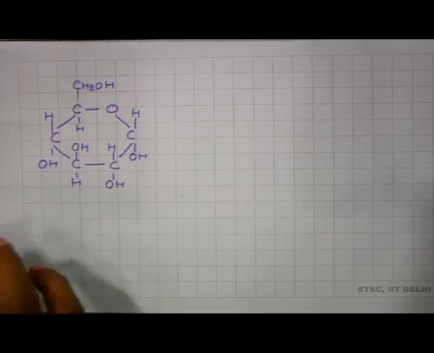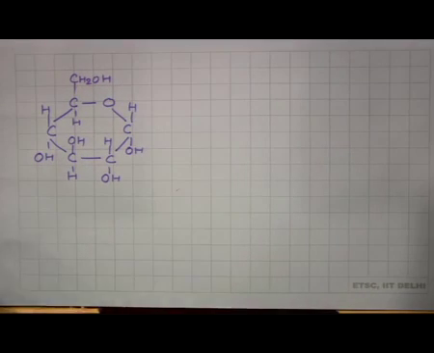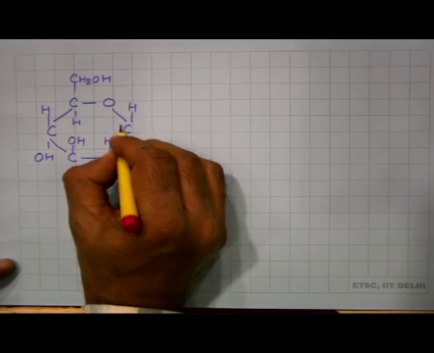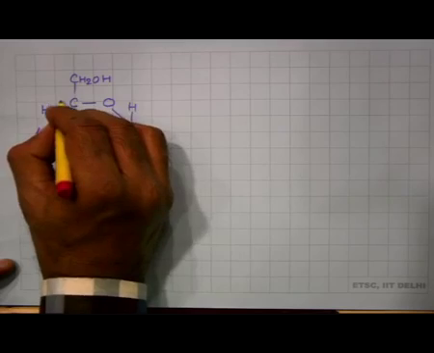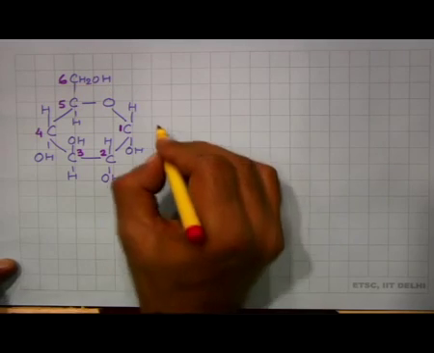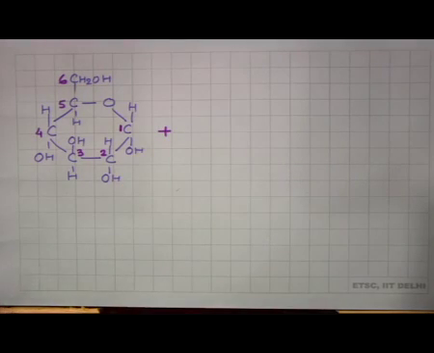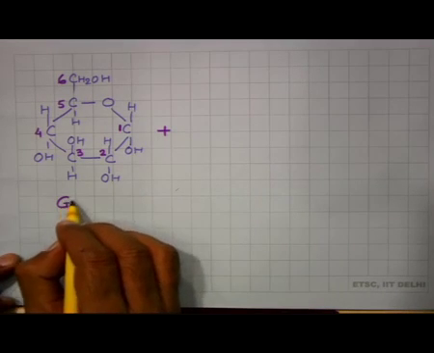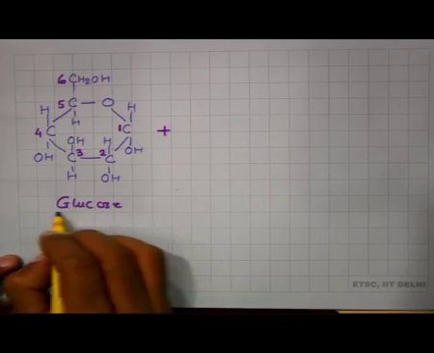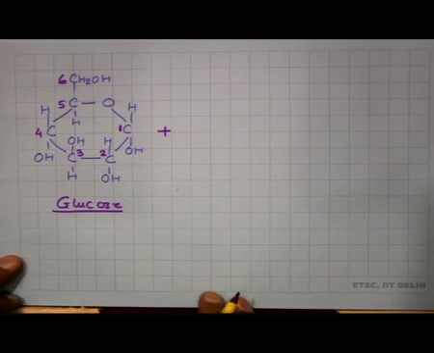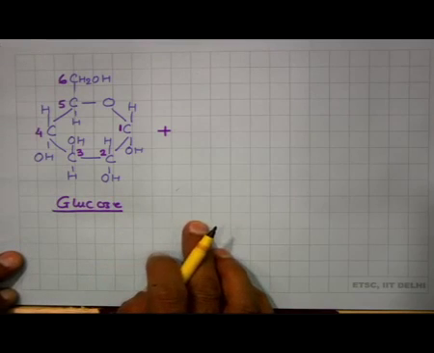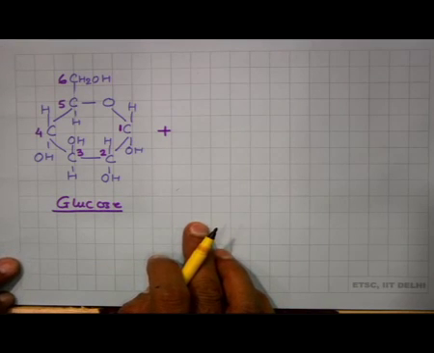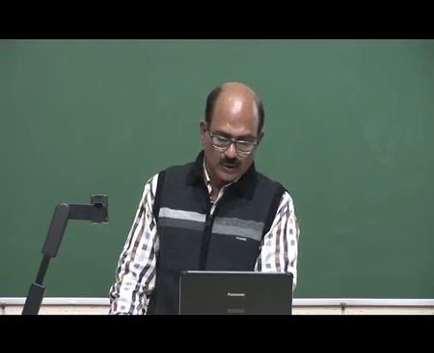Now, when you number this carbon, this one is 1, 2, 3, 4, 5, 6. The structure of glucose you can easily write, because glucose is the main form of carbohydrate. It is found in all three disaccharides like maltose, lactose and sucrose.